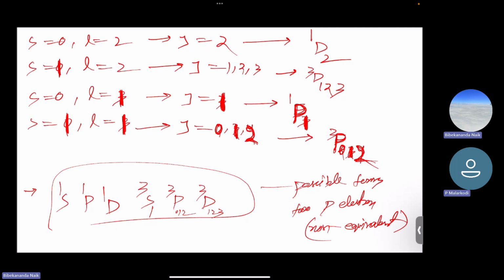Sir, according to Pauli's exclusion principle, in our 11th and 12th we came to know that the S level will have 2 electrons in opposite spin. If we have P shell, it will have 6.